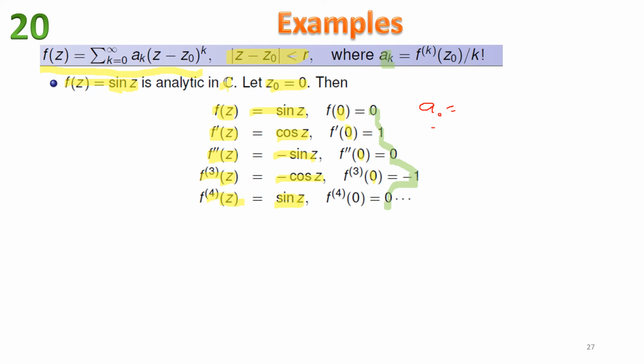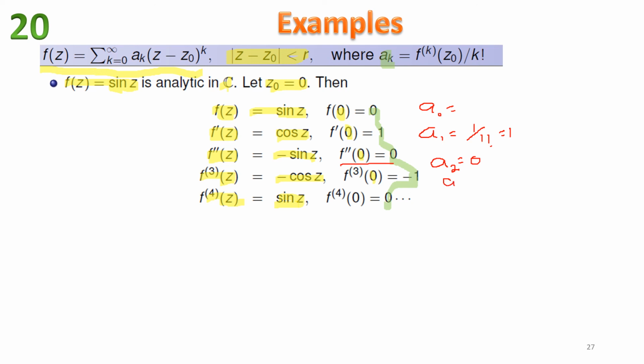Now we are talking about the derivative here, a1, this is equal to the derivative at z0, that is unity, upon 1 factorial. So 1 upon 1 factorial will be simply 1. Then a2, here we are taking the second derivative, and the second derivative at origin is vanishing. So the a2 coefficient is disappearing.